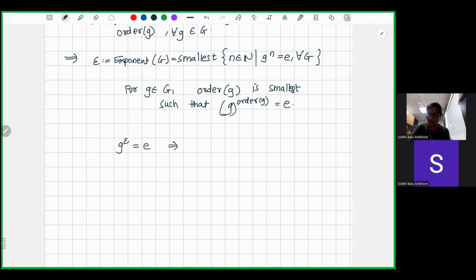By definition, this implies that the order of g definitely divides epsilon. This is for fixed g. The order of g will divide this epsilon, right? Because this is just another number which gives g to the power epsilon equal to e.